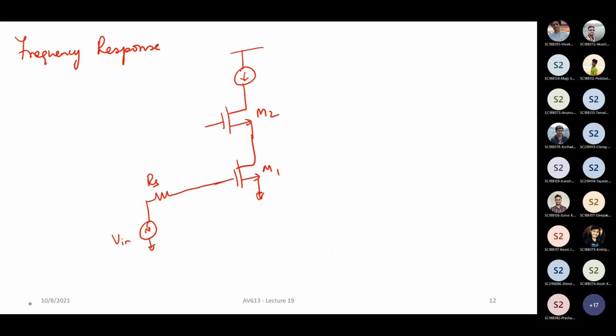So let me use a different color for all the capacitors. So you have CGS1. Now here what will you have? You'll have CDB1 plus CSB2. Okay, let's assume that this is grounded, right?